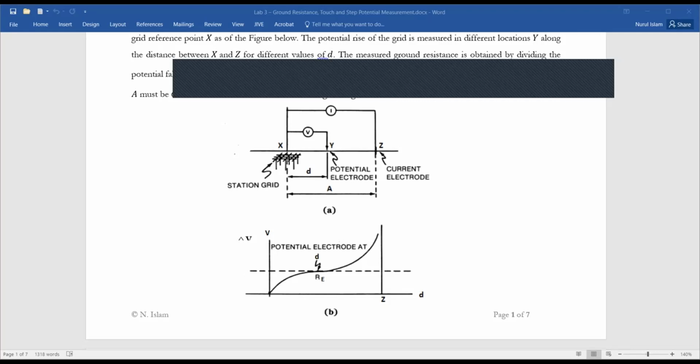Makes sense? Did I explain it nicely, or do you have any question? So 62% of the total distance from X to Z. Okay, between them, if we put our auxiliary electrode Y, which we use in order to measure the voltage, at 62% of this total distance, and by measuring the voltage and calculating the resistance, we'll get the resistance which will be basically the resistance of our grounding grid.